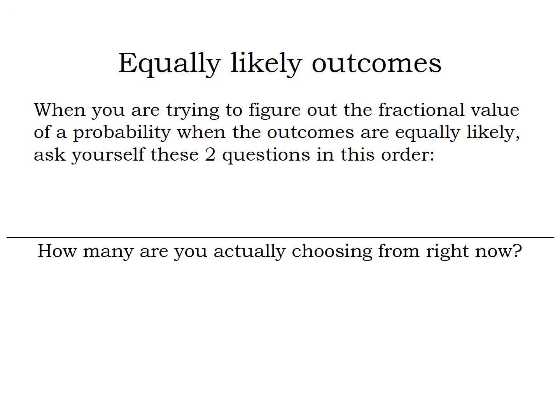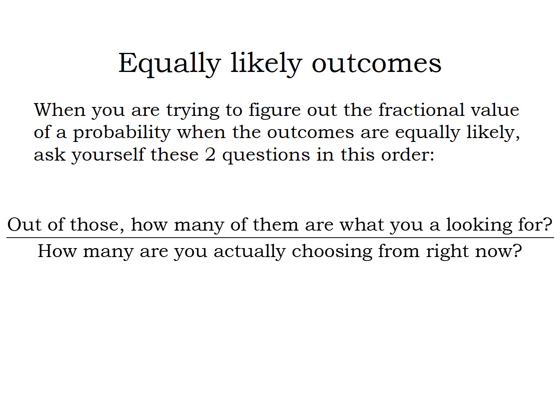That's going to be your denominator. Always start with your denominator. You're going to be tempted to try and get the numerator figured out first. Don't. Start with the denominator. How many are you actually choosing from at this moment? And then, out of those, how many of them are what you're looking for?